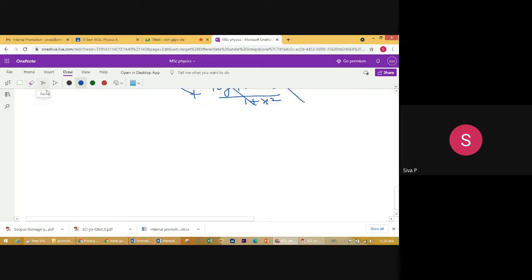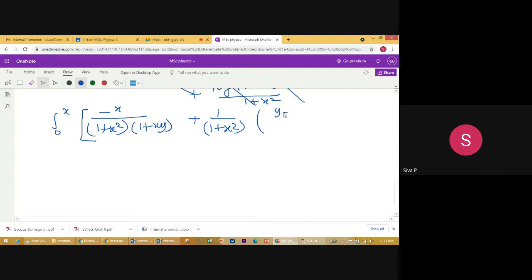In the next step you can write that integral over 0 to x. They are resolving in the different manner. Minus x divided by 1 plus x square into 1 plus xy, plus 1 by 1 plus x square into y plus x divided by 1 plus y square.